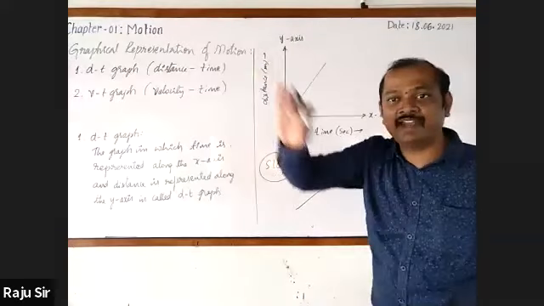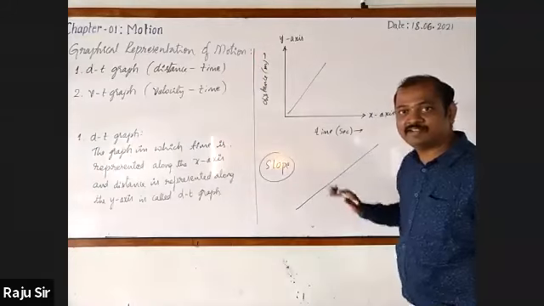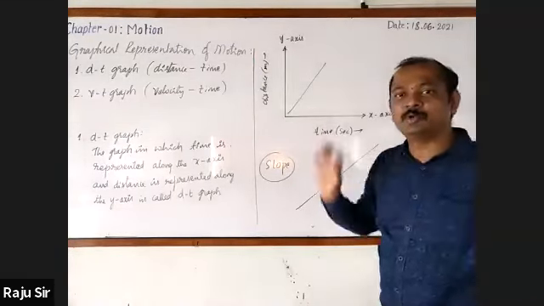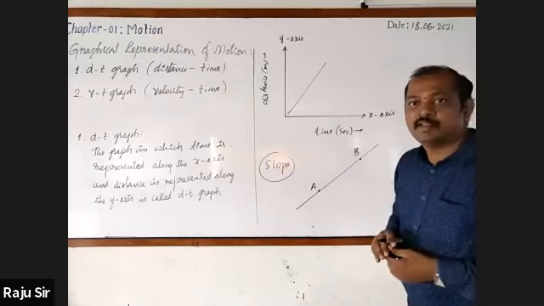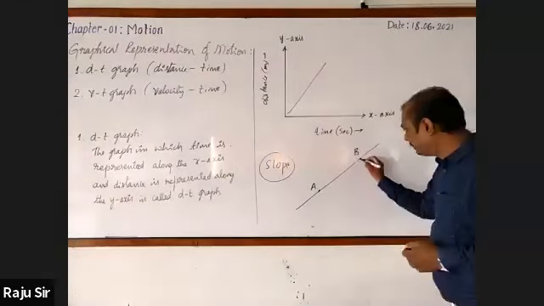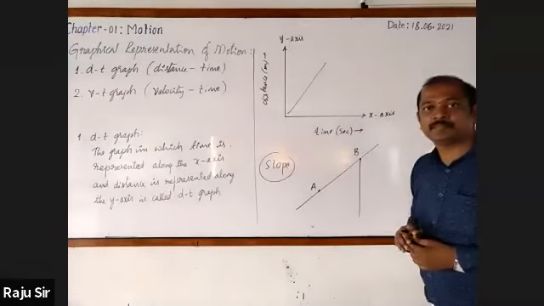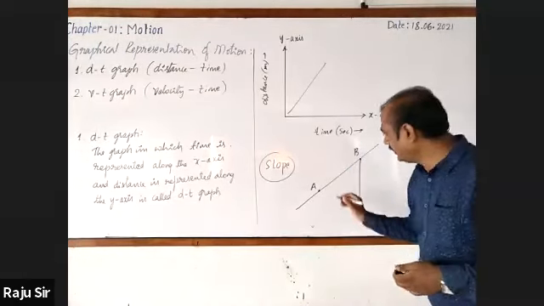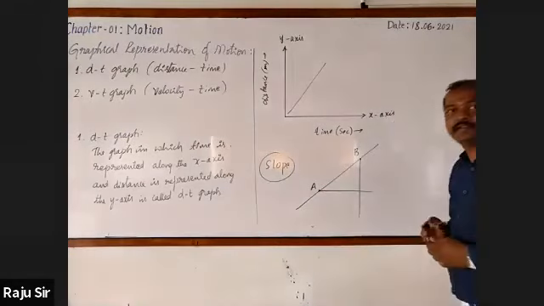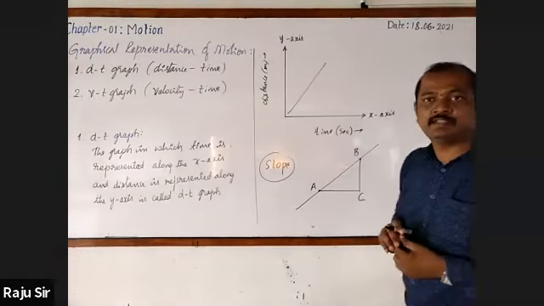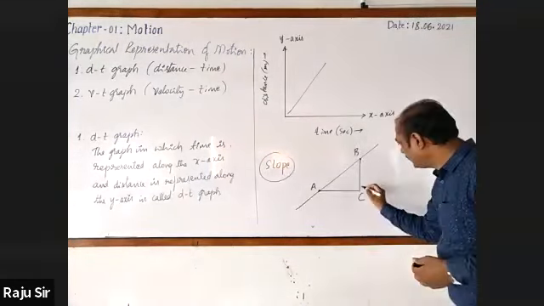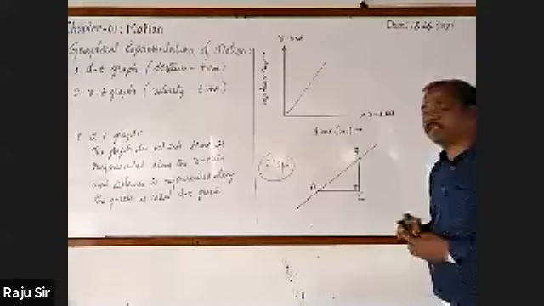Here is a slant line. You may choose any two points on this. I take this as A and this as B. Now let me draw the perpendicular line from B and the horizontal line from A. These two lines will intersect at a point. I call this C. These two intersect at a right angle.